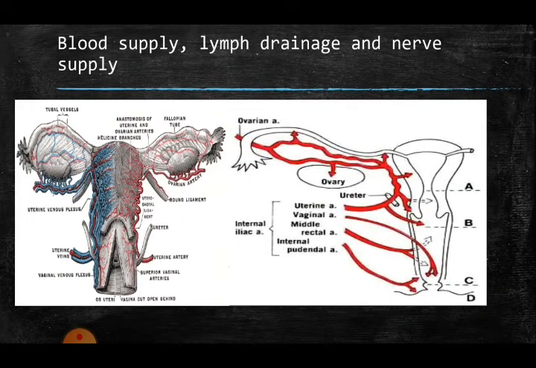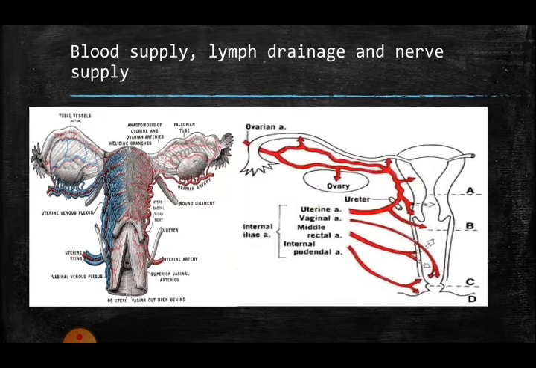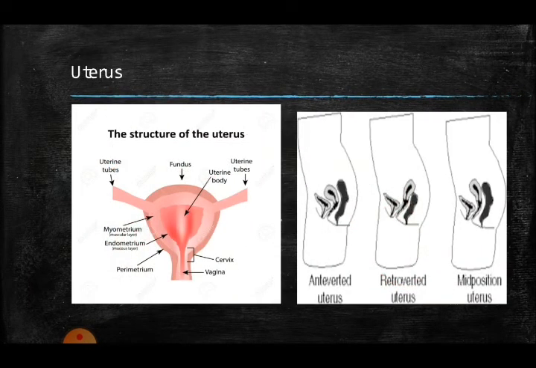Now we will talk about the uterus, and this is a very important structure, and by its shape it is a pear-shaped organ, and if we define it, then we will define the uterus as a hollow muscular pear-shaped organ that lies within the pelvic cavity between the urinary bladder and the rectum.